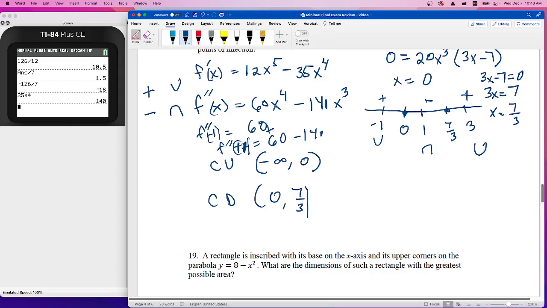If I put in 3 here, that's going to be 3 to the 4th. It's going to be a big number times 60, and then 3 to the 3rd.